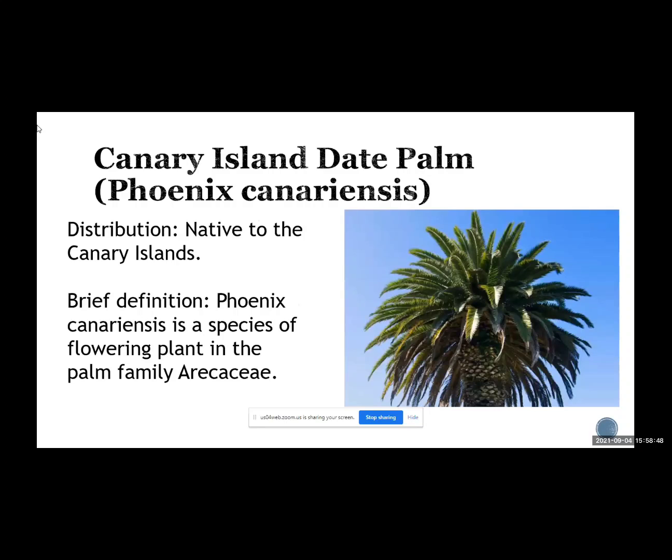Canary Island date palm, Phoenix canariensis. Distribution, native to Canary Islands. Kani siya kay sa laing bansa ni siya nga species but native sa Canary Islands. Brief definition. Phoenix canariensis is a species of flowering plant in the palm family Arecaceae.